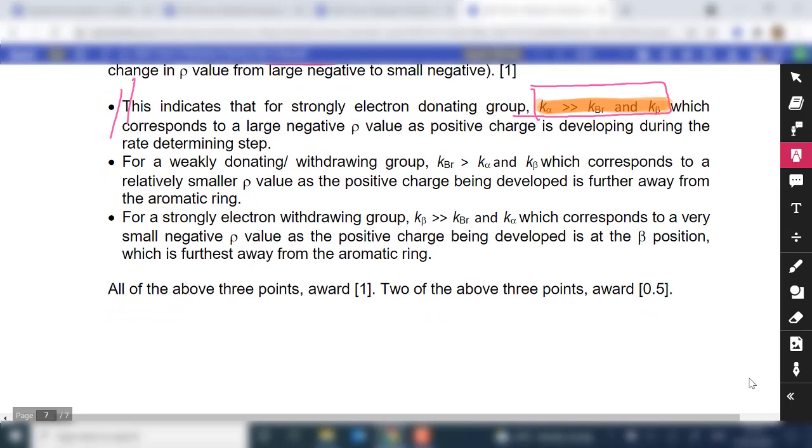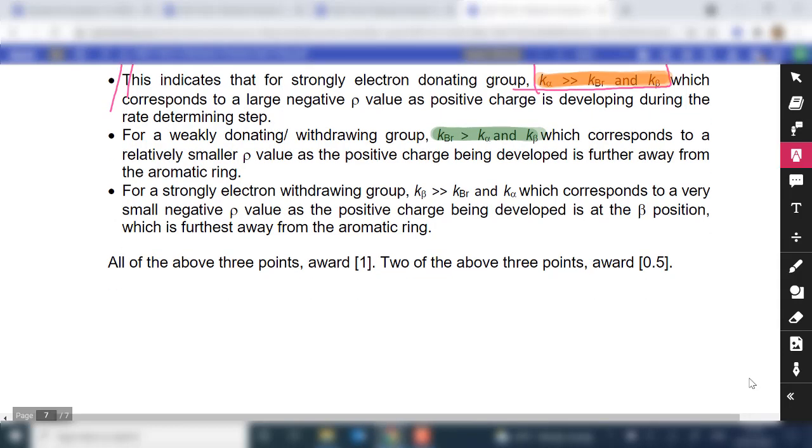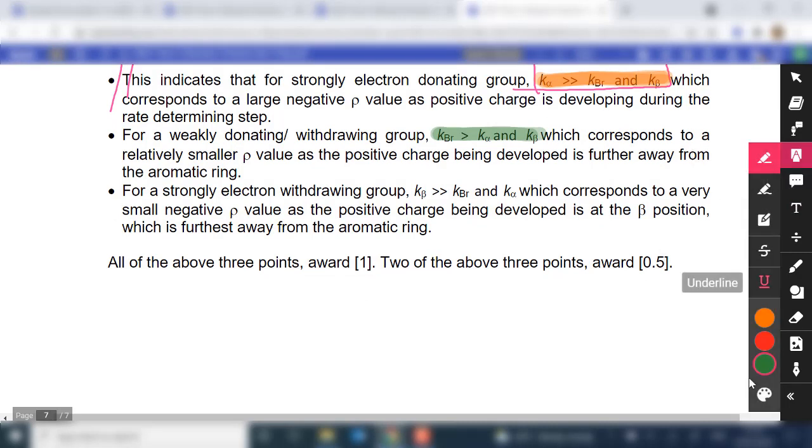Okay, so for a weak donating group, maybe this is okay. So for me, I will feel that this could be the case. Yeah, because the positive charge developed is slightly further away. But for a strong withdrawing group, then it is likely that K beta, which means the formation of the beta carbocation intermediate, is likely to be favored.